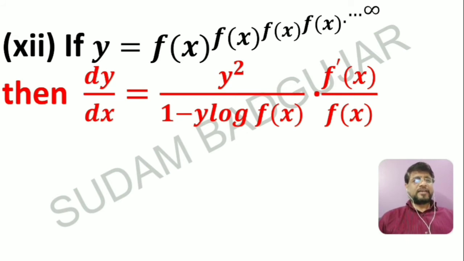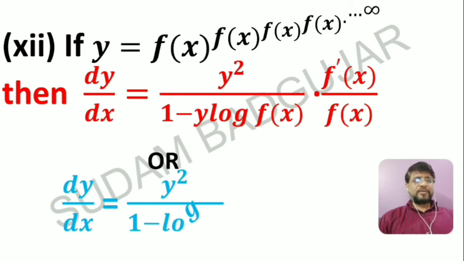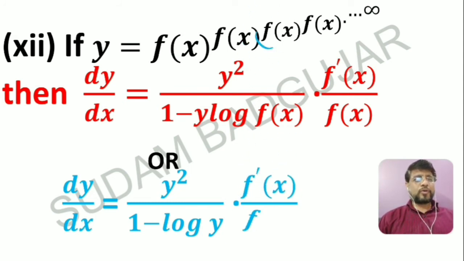Or sometimes the formula will be, or it becomes dy by dx equal to y square upon 1 minus x log y, 1 minus log y into f dash of x upon f of x form. Instead of y into f of x, you have to write y here.